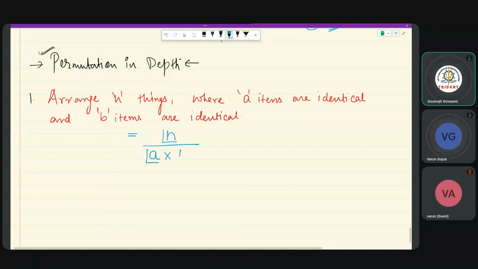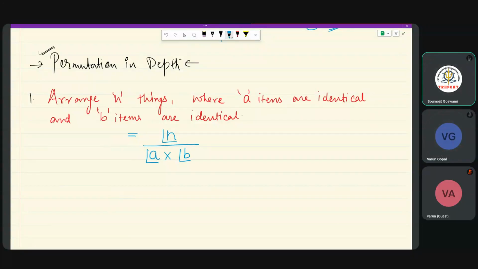Please understand this thing. When we were taking permutations, n things n at a time, how is that different from this? We are taking n things, so NPN.